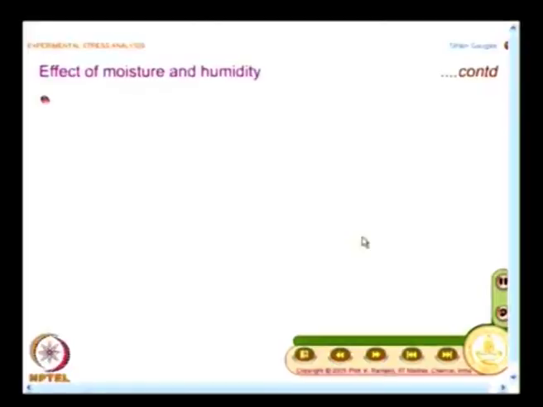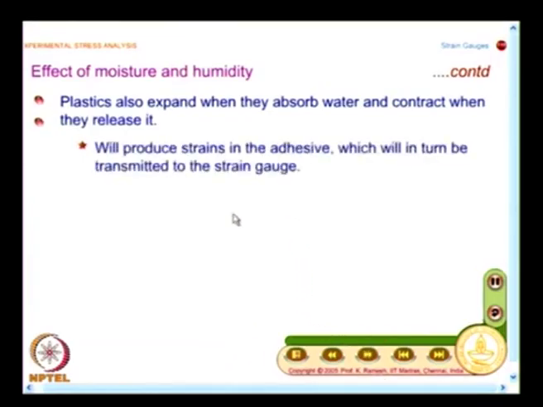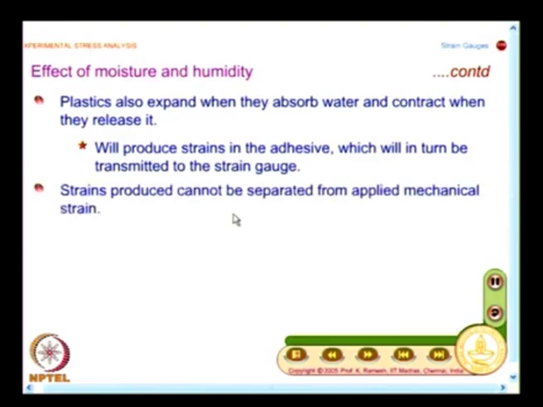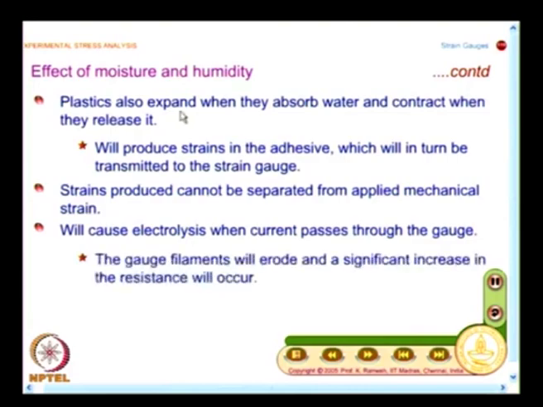And what happens, plastic also expands when it is wet. So, you have strains developed, and that strain also will be sensed by the strain gauge. Plastics expand, and this will produce strains in the adhesive, which will in turn be transmitted to the strain gauge.